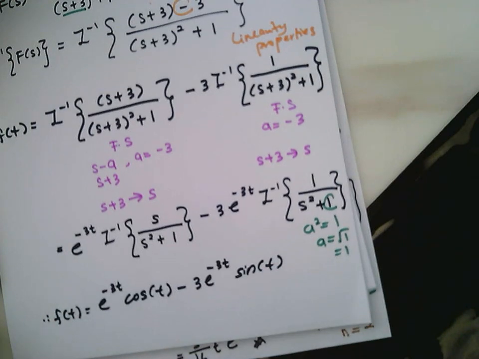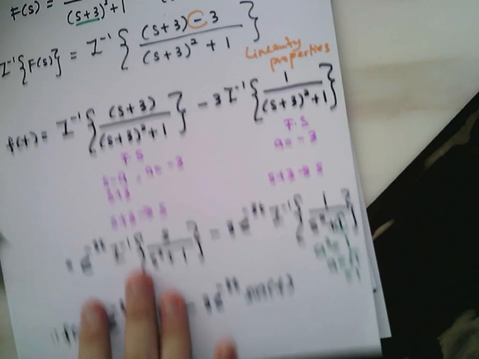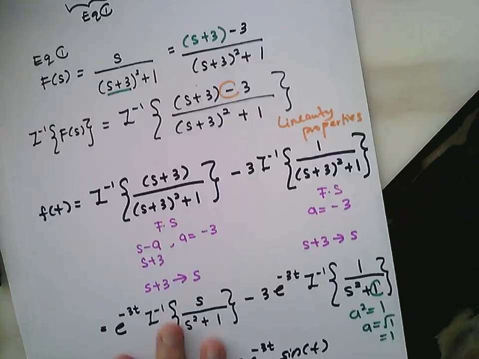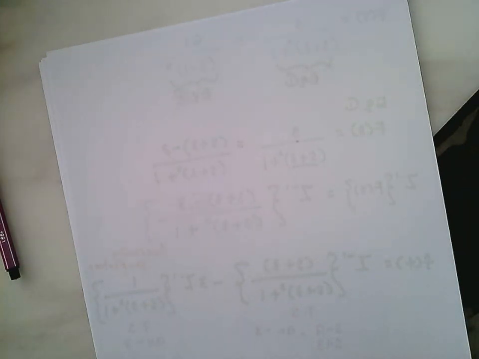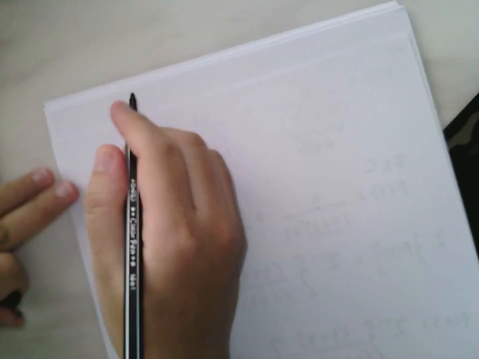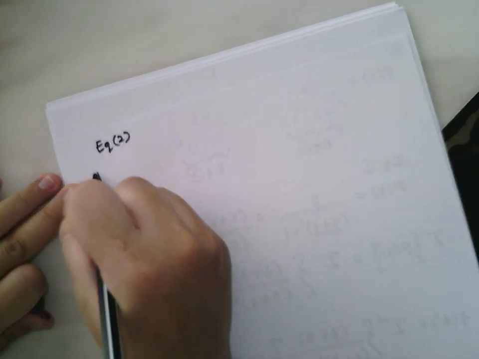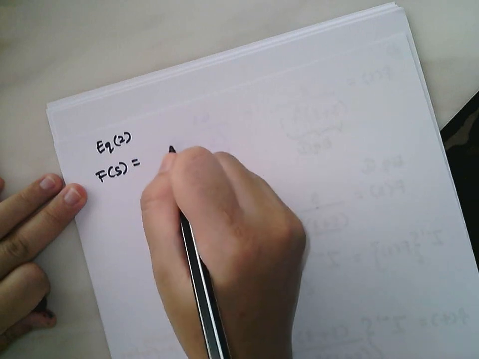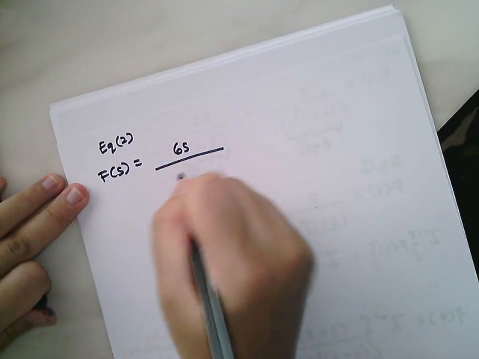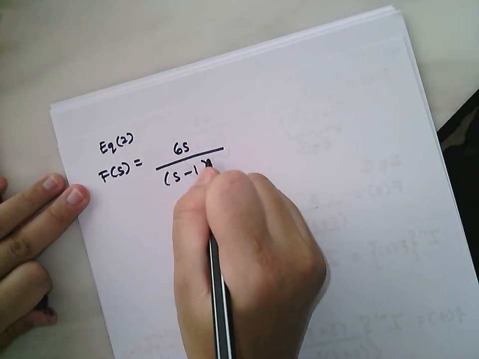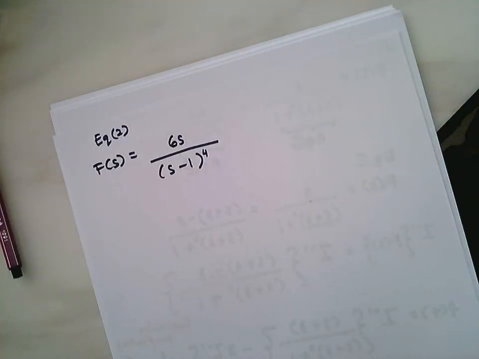This is not yet the final answer, because this one is for equation 1. So for equation 2, what you have is F(s) equal to 6s over (s minus 1) to the power of 4.